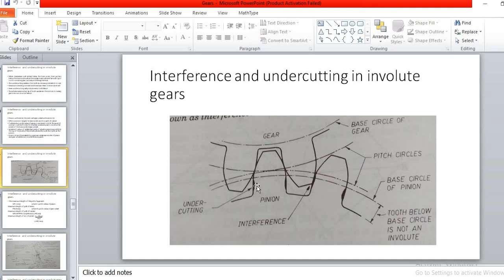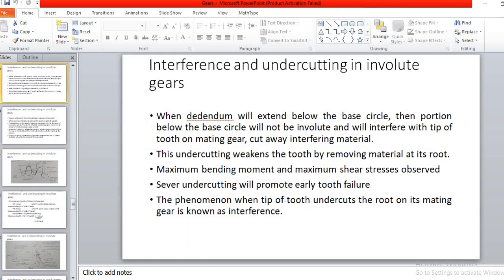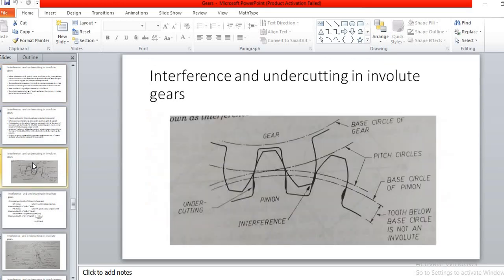So in this interference case, this undercut will be observed. So it causes earlier failure, it maximizes bending moment and maximum shear stresses, and it weakens the tooth by removing material, and the profile does not remain involute in case of undercutting of that gear.